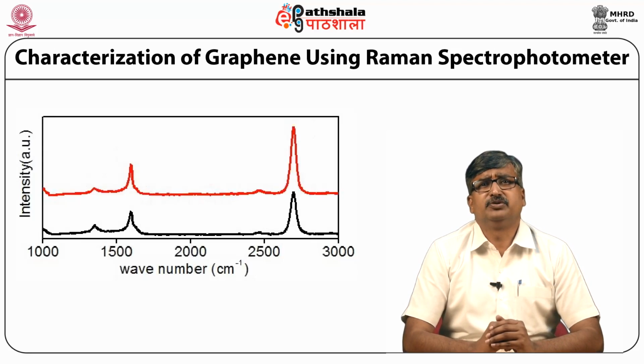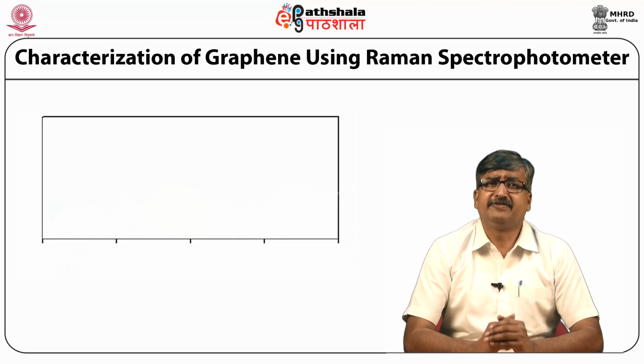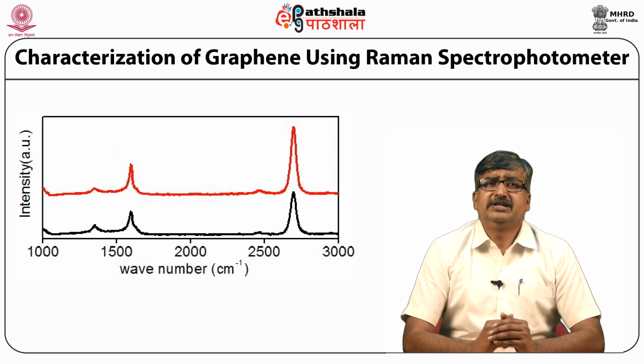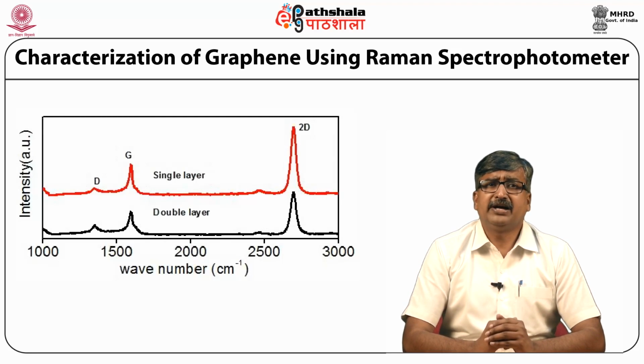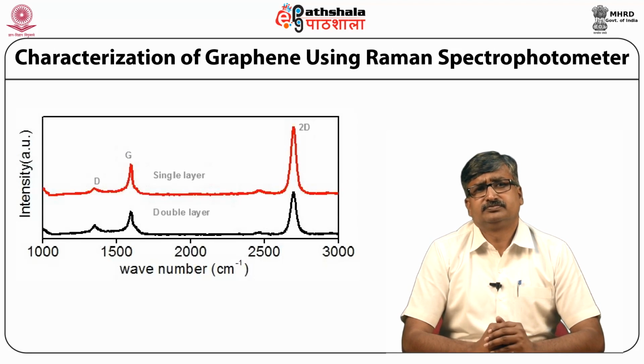The G band position is highly sensitive to the number of layers present in the sample. This G band is also known as the graphitic band and is one method for determining layer thickness, based upon the observed position of this band for a particular sample.